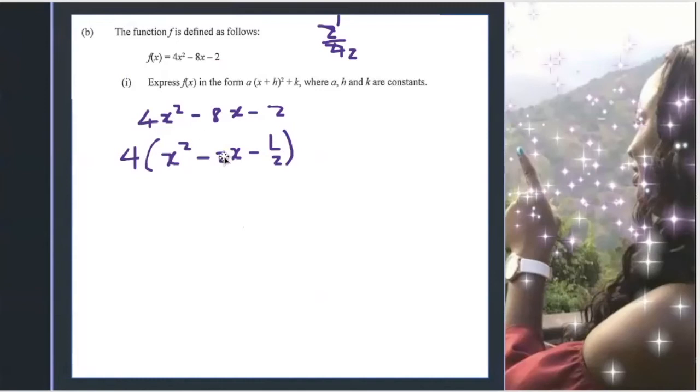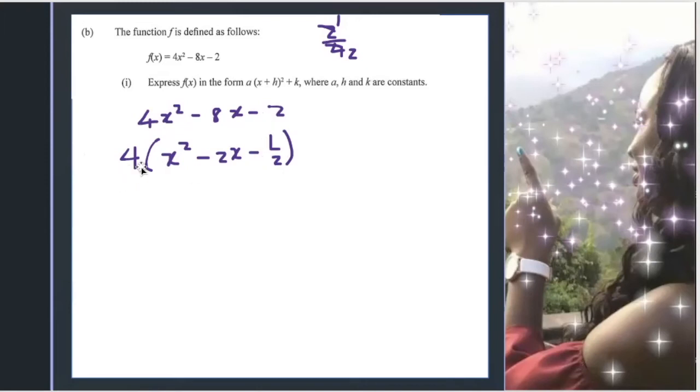When you factor out the 4, remember you multiply, you'd have gotten what we have above. So 4 times x squared, that gives you 4x squared, and 4 times minus 2x gives me the minus 8x, and 4 times minus a half, that will give me minus 2. It's like saying half of 4 is 2.